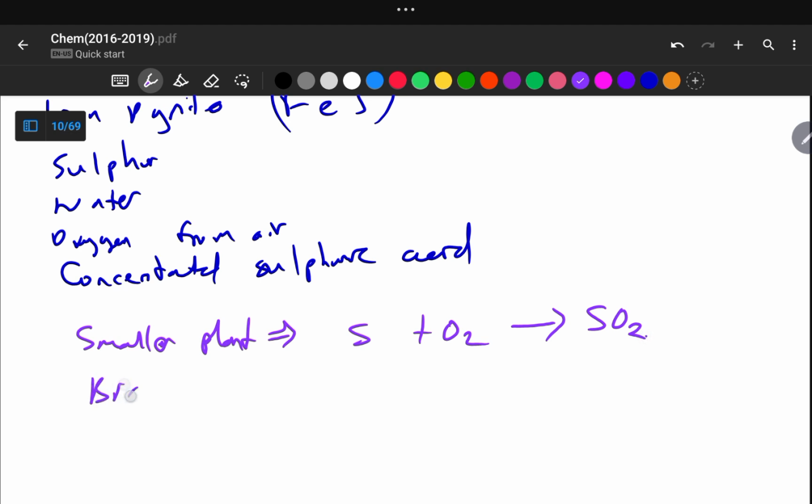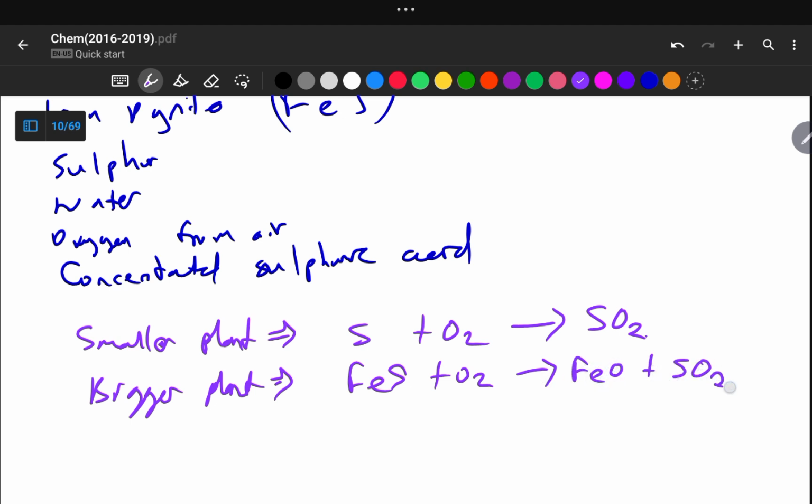And then for the bigger plant, we use iron pyrites plus oxygen to give iron(III) oxide plus sulfur dioxide. So to balance this equation, we are going to have 2 here, and then 2 here, and then 3, and then 2 here, right? So this is how we balance this equation.